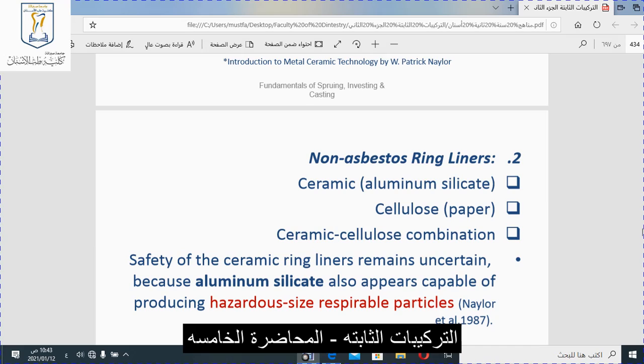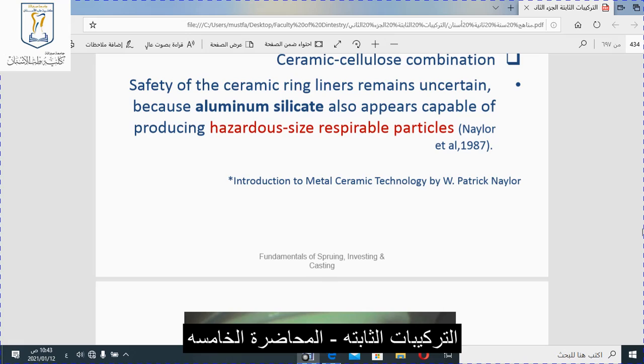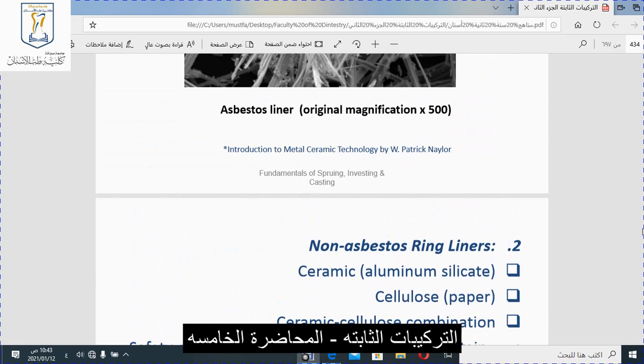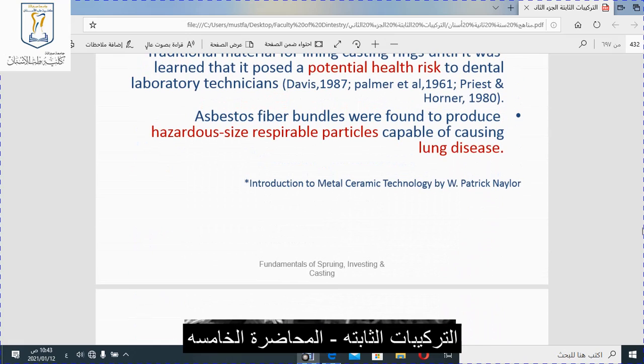This is mandatory. You have to know it, for example in an exam or in any other situation, because this type is less hazardous than the asbestos liner.